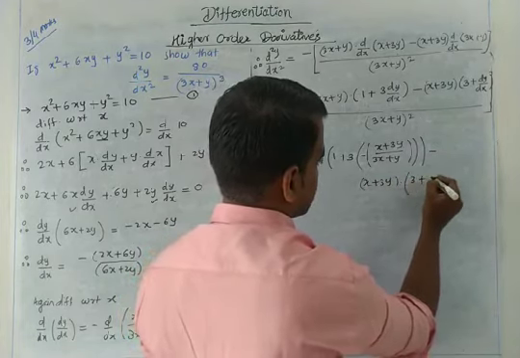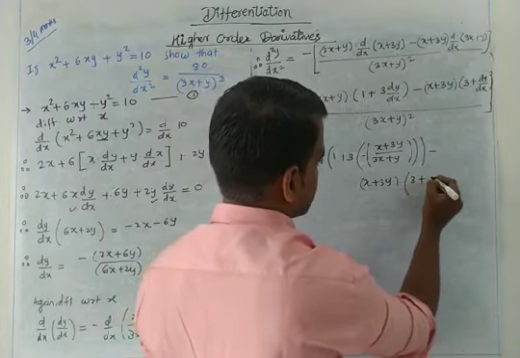Now make a common denominator of this bracket and this bracket. Minus (3x plus y) into bracket: (3x plus y) multiplied with 1, so 3x plus y, and minus 3 multiplied with (x plus 3y), so minus 3x minus 9y, with common denominator 3x plus y.